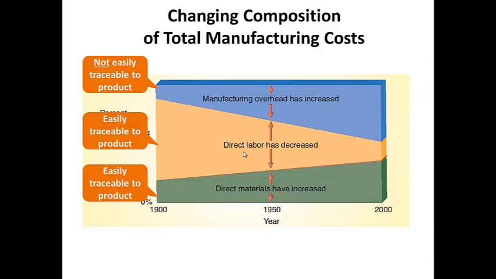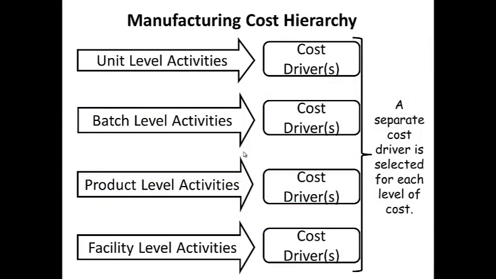Now, part of that is in what we call the manufacturing cost hierarchy. This is kind of an inverse type of hierarchy. We talk about unit level activities, batch level activities, product level activities, and facility level activities. Instead of utilizing one particular cost driver, one particular measure of volume, what we're trying to do is determine separate cost drivers for all of these activities, or is there only one cost driver?